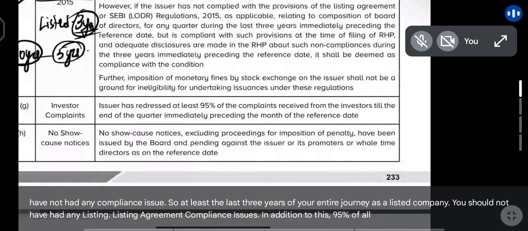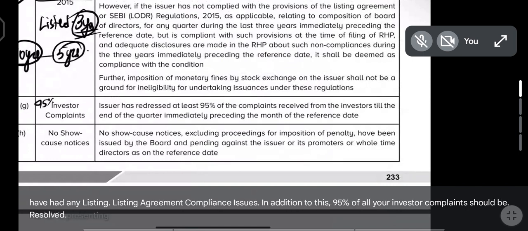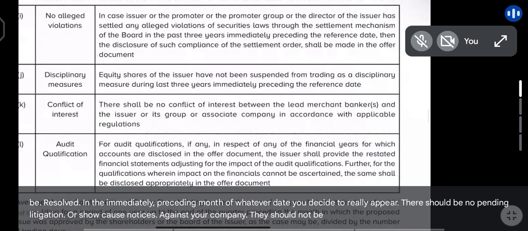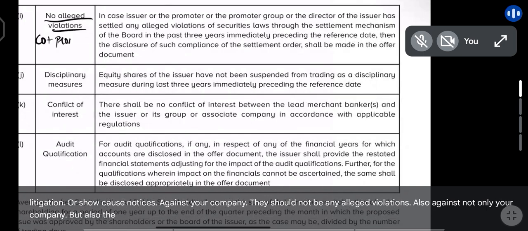In addition to this, 95% of all your investor complaints should be resolved in the immediately preceding month of whatever date you decide to deliver the FPO. There should be no pending litigation or show cause notices against your company. There should not be any alleged violations also against not only your company but also the promoter group.